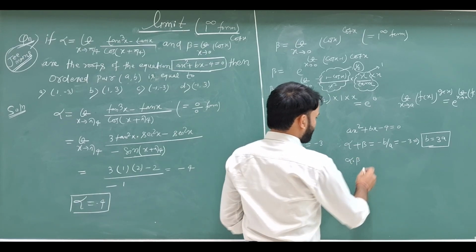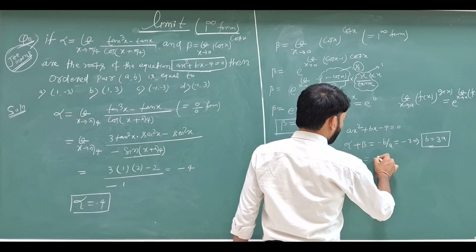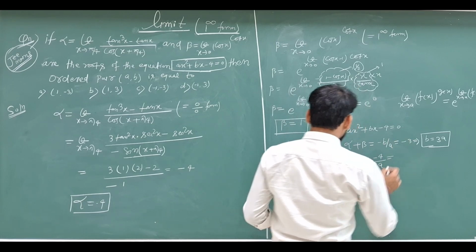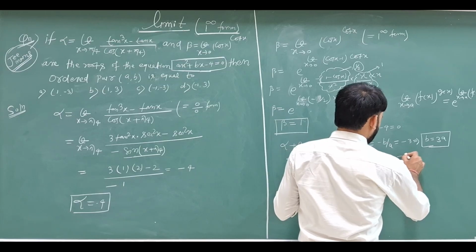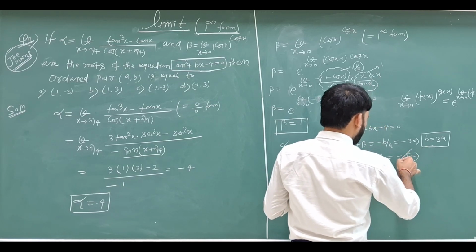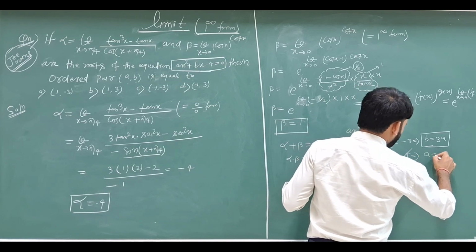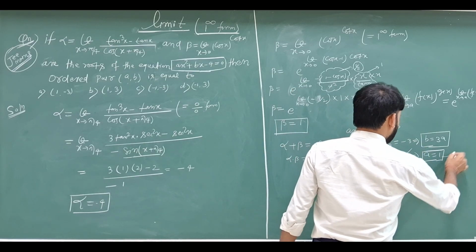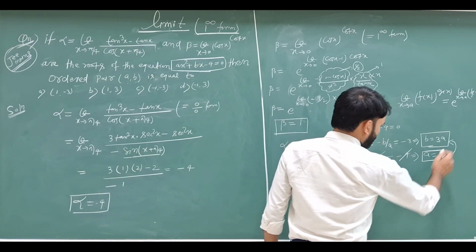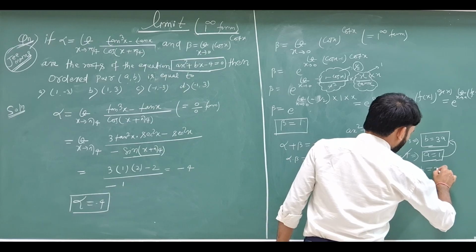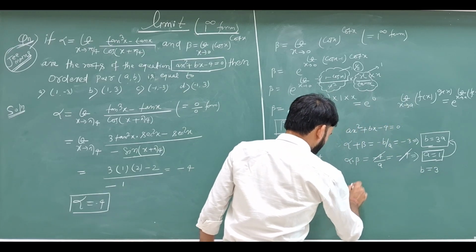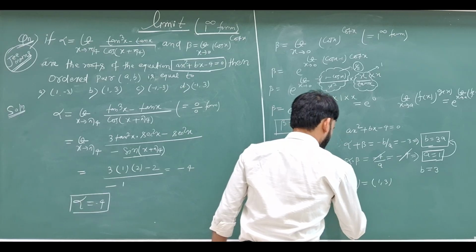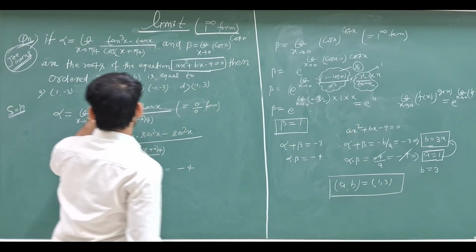So alpha into beta is equal to c by a. C is minus 4, a is a. So finally this quantity goes to minus 4. On simplification, you get a is equal to 1. If we substitute this value in this equation, you get b is equal to 3. So here is 1 comma 3. Then this is your answer B.